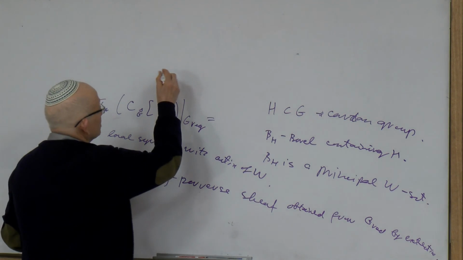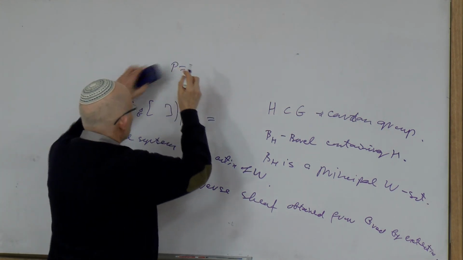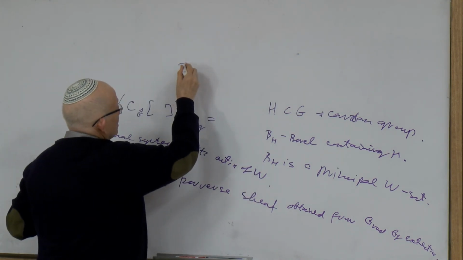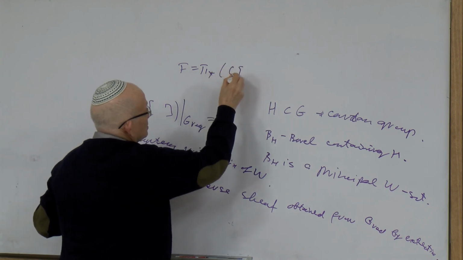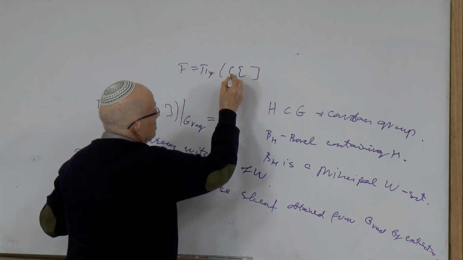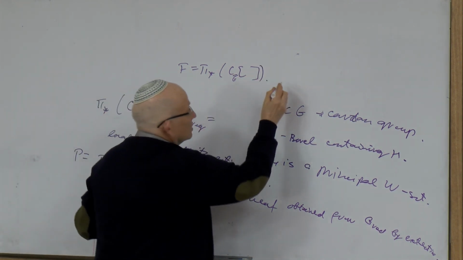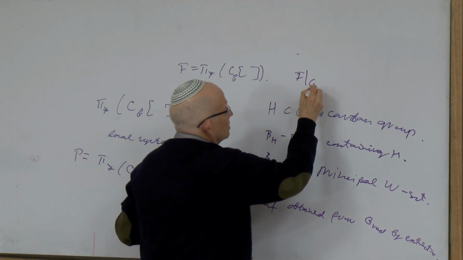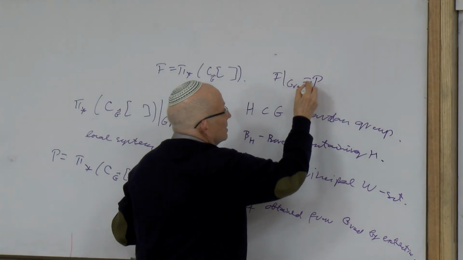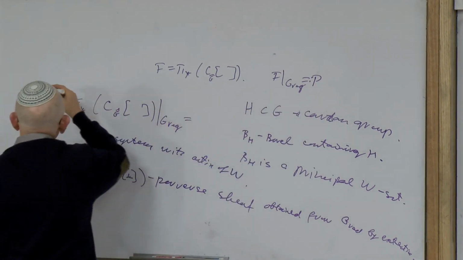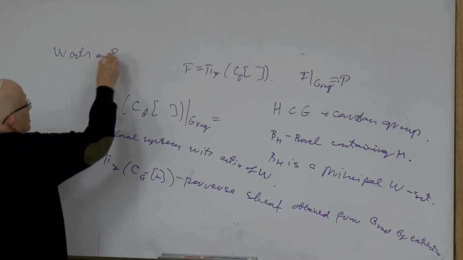Let's denote F is this sheaf, pi star of C of G tilde, and its restriction F to G regular is denoted by P. So then we have a W-action on P on one hand.